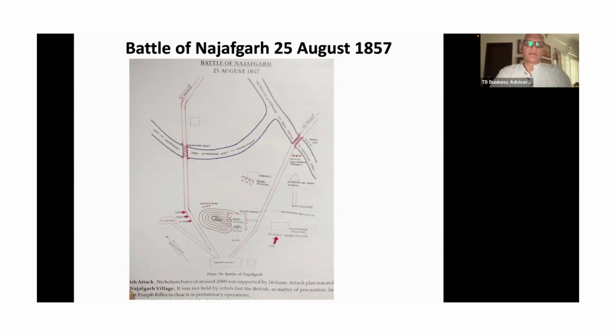However, on reaching the vicinity, they turned around and attacked, which opened up the way for the rest of the British force also to push in the attack. Whatever be the causes, the fact remained that the rebels lost this battle.